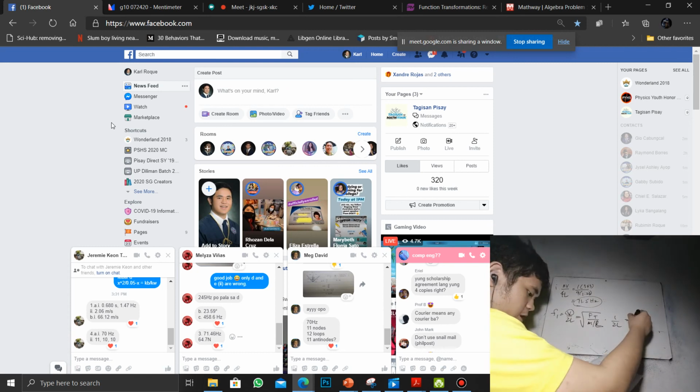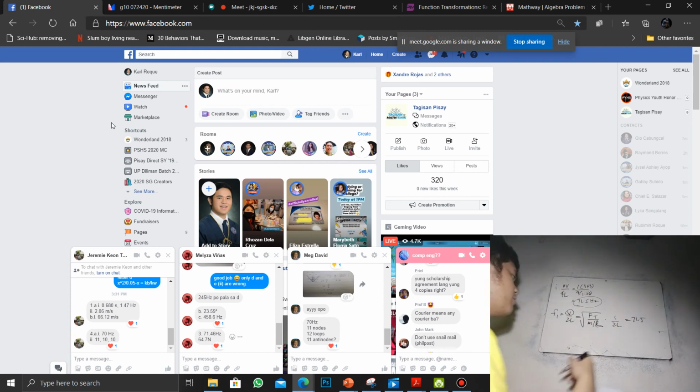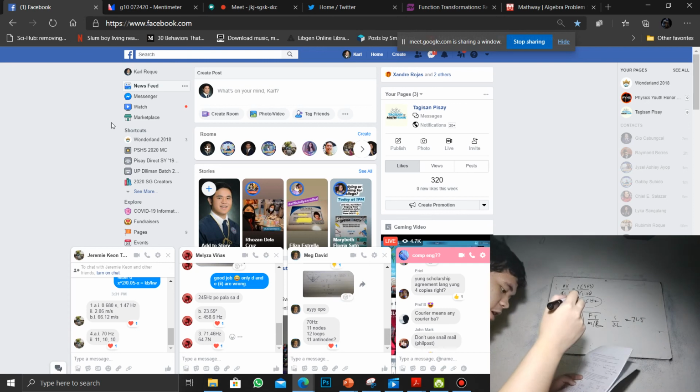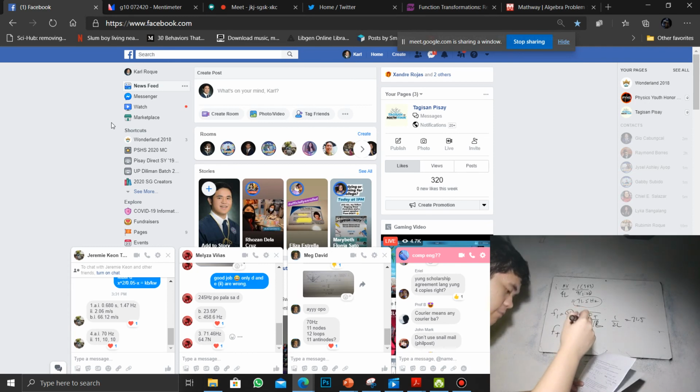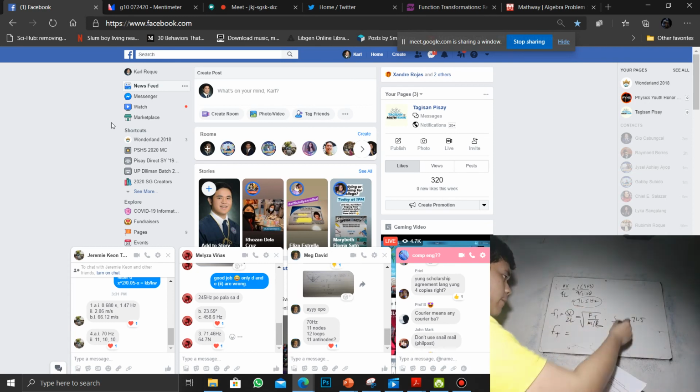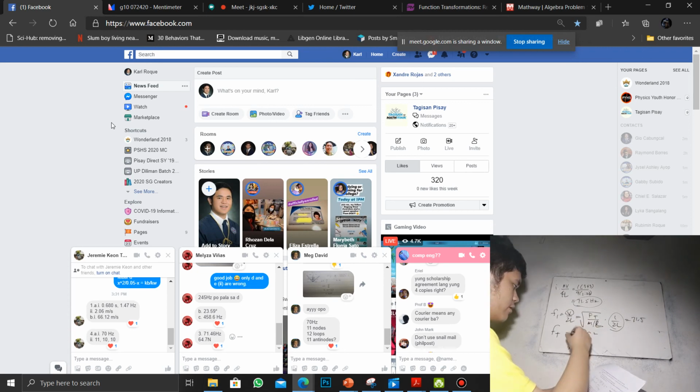Equals 71.5 Hertz. Pero para hindi tayo malito, solve muna natin yung tension force. Ft, if we square, so 4L squared times F1 squared times M over L.